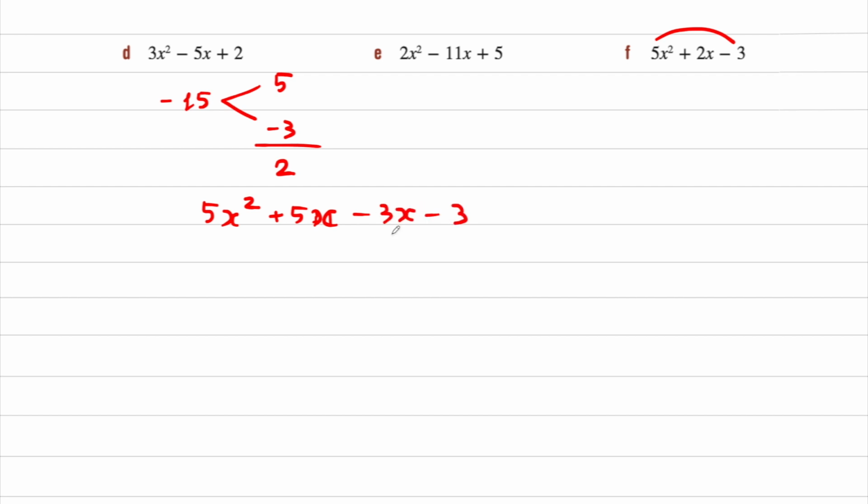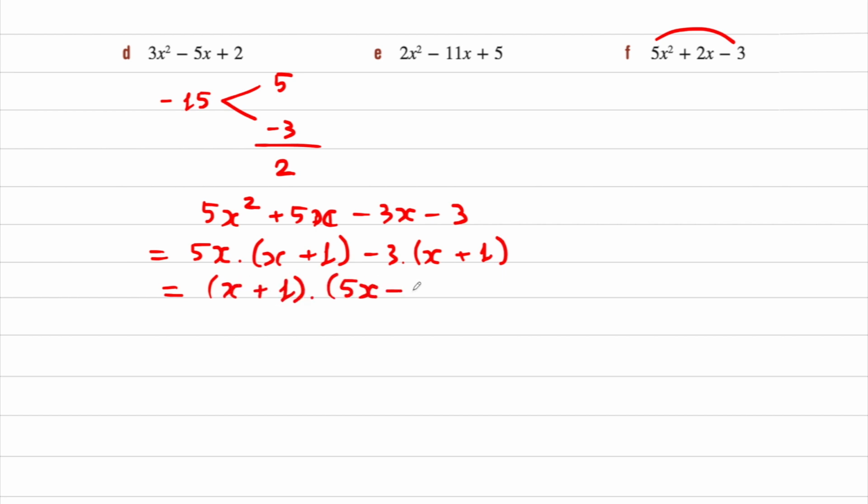Minus 3x minus 3. So 5x will be outside, x plus 1. Minus 3 will be outside, x plus 1. And here you got x plus 1 multiplied with 5x minus 3. Yeah, that is question F.